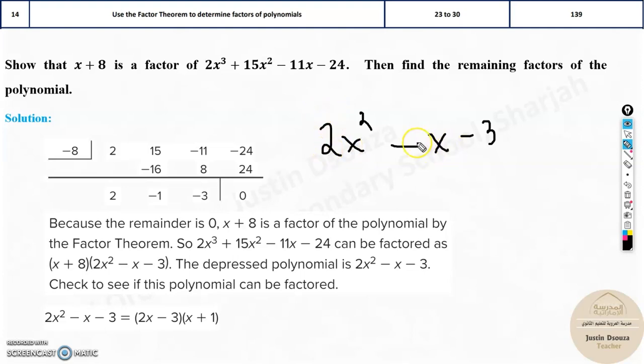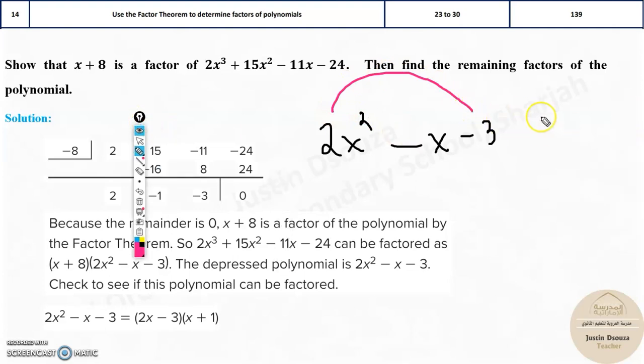Basically, you need to split this x in such a way that, look at these two constants at the end over here. Multiply them. What is the answer? It is 6. Now, what is this term over here? It is minus 1. So you need to get two numbers. When you multiply, you need to get 6, and when you add them, it's minus 1.